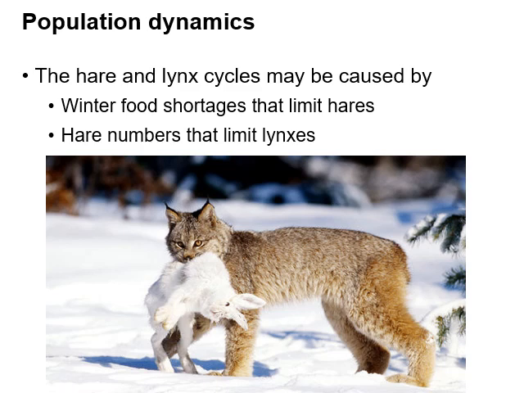And probably too there is also some aspect of the lynxes having an effect on the hares, right? When there's a lot of lynxes around, the hares are going to start to decrease in abundance because the lynxes are eating the hares. So that's how ecologists describe the situation: there are these cycles, and the cycles are because of the food that's available to the hares. The cycles we see in the lynxes are due to the cycles of the hares, and the lynxes themselves then also affect the hares.